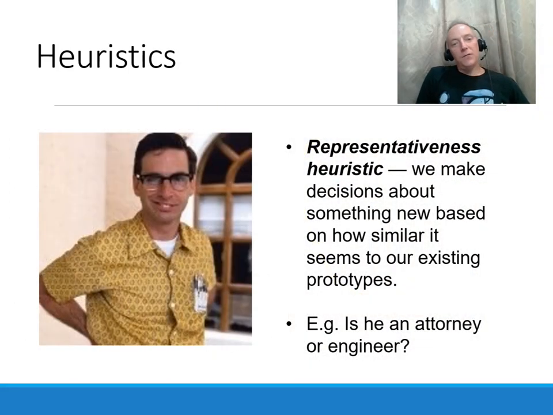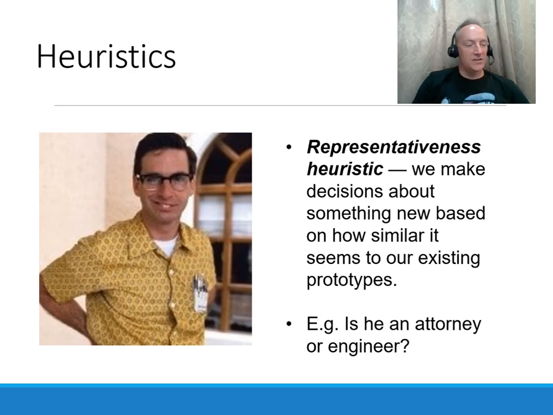Another type of heuristic is the representativeness heuristic. Again, this relies on your prototypes. So when we use the representativeness heuristic, that means that a prototype is popping up in our head, and we are assuming this new thing we're trying to make a decision about is like that prototype.